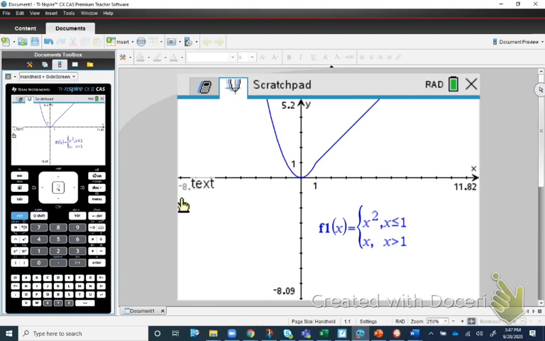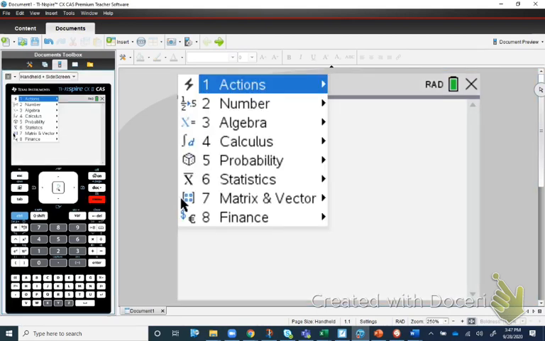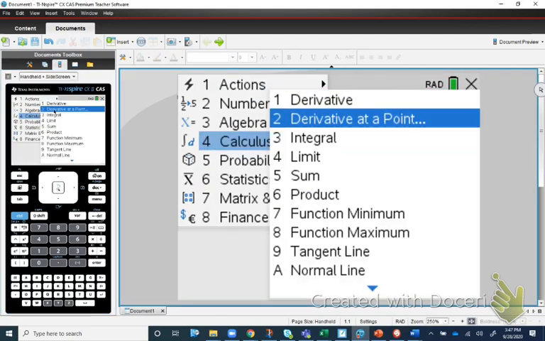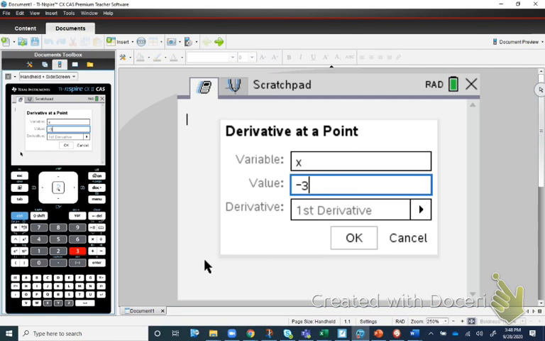So let's just real quick jump to the graphing calculator. Let's go back here, and we're going to say menu, calculus for 4, and then we're going to look at the derivative at a point. Our variable can be anything you want it to be, but usually we're going to say it's x. What value do you want to evaluate it for? In this case, we're evaluating it for -3.